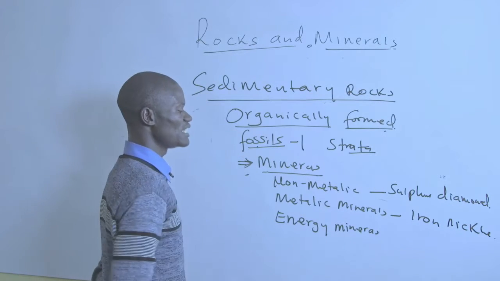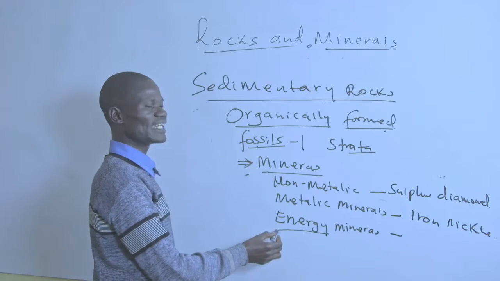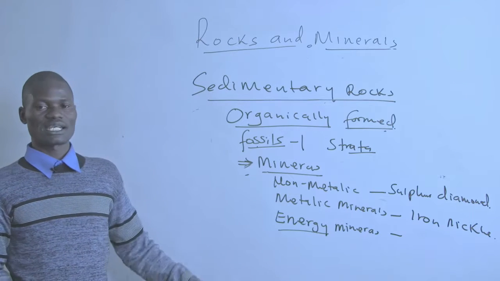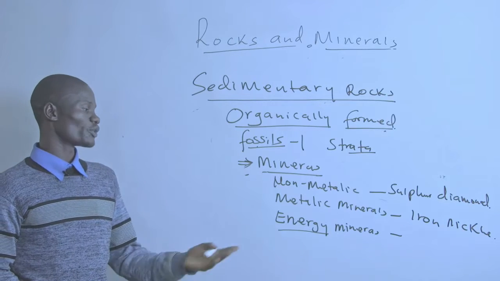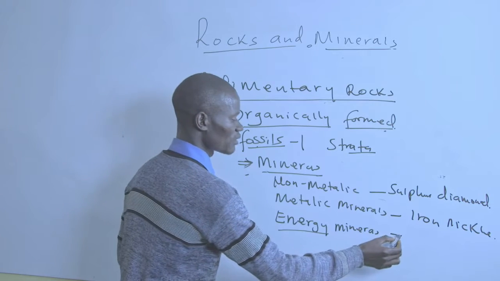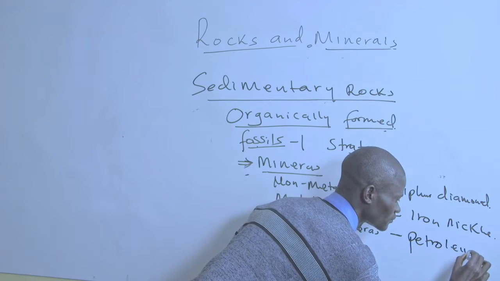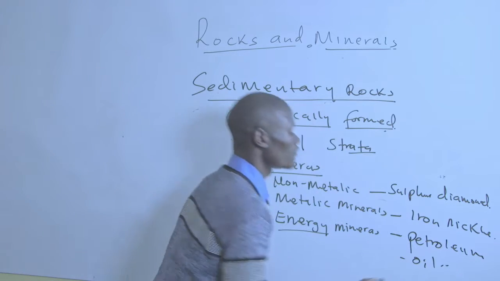And then energy minerals, they are minerals that give out energy. Most of this energy can be used either in machinery to give light or to produce what we call power. And some of these energy minerals include the petroleum products, such as oil and so forth.